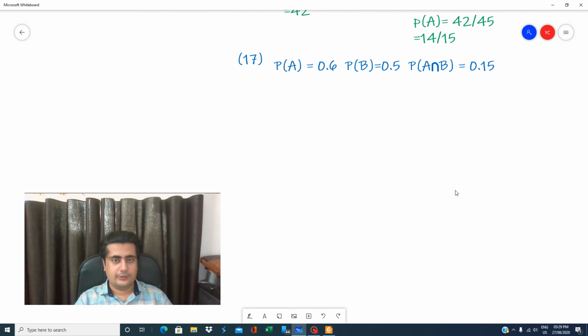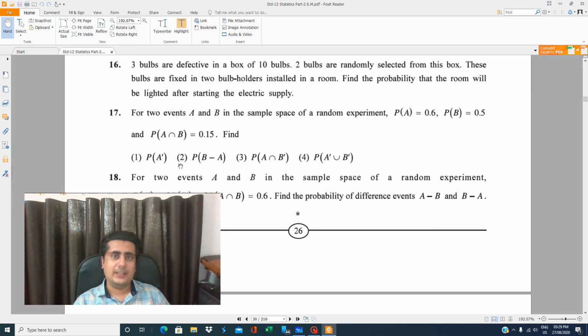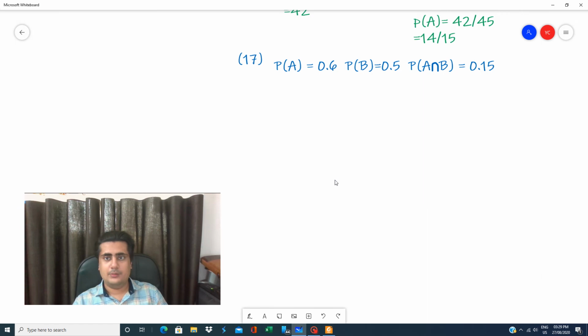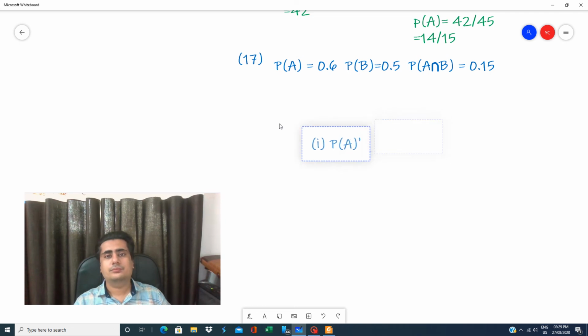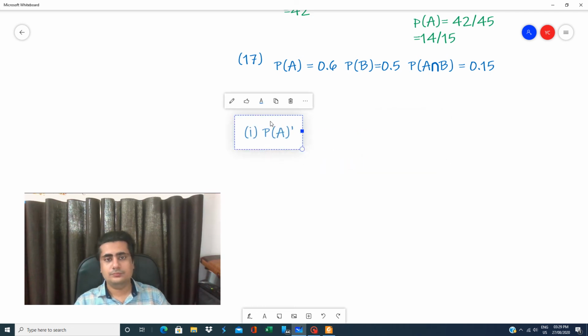What you need to find? You need to find P of A dash, P of B minus A, P of A intersection B dash, and P of A dash union B dash. Let us find P of A dash. If you want to find P of A dash, the formula is very simple.